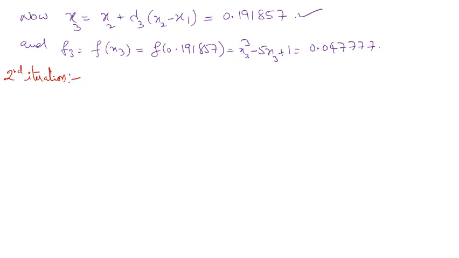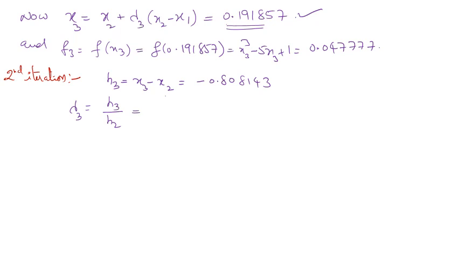In the second iteration, what do I have to calculate now? h3. H3 is nothing but x3 minus x2. Substituting all the values, 0.808143. The x3 value, you already got here. The x2 value we already have, 1. Subtracting those two. Next, the lambda 3 value. Lambda 3 is h3 by h2.